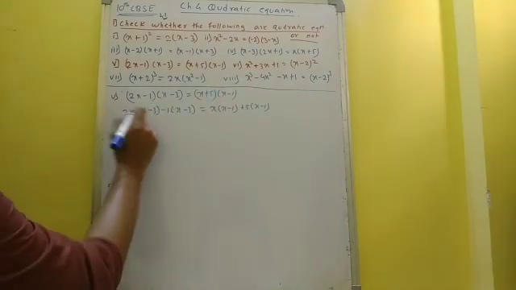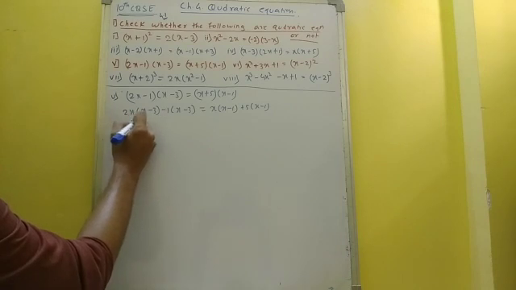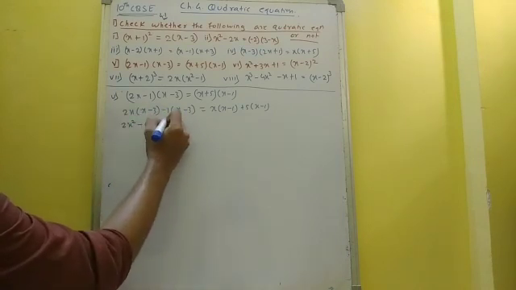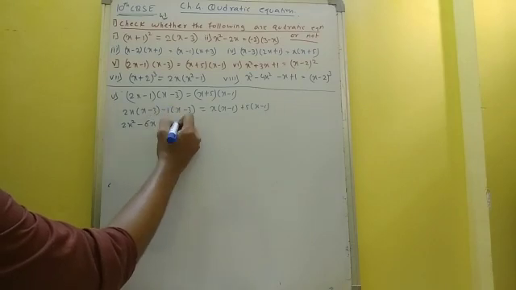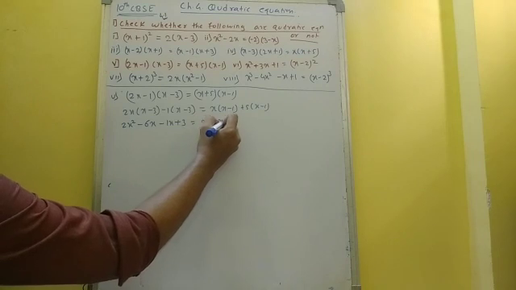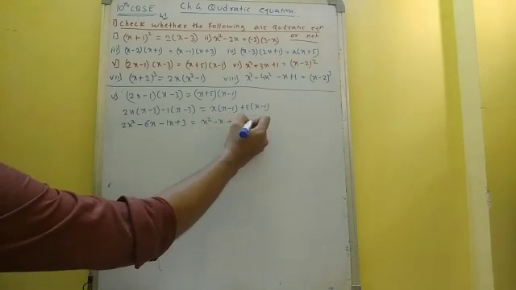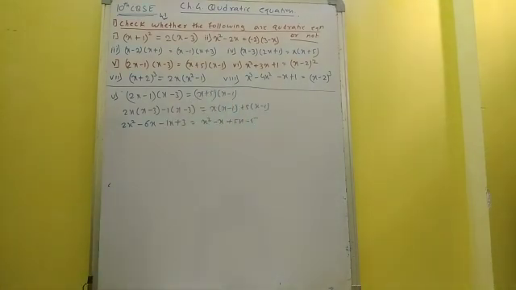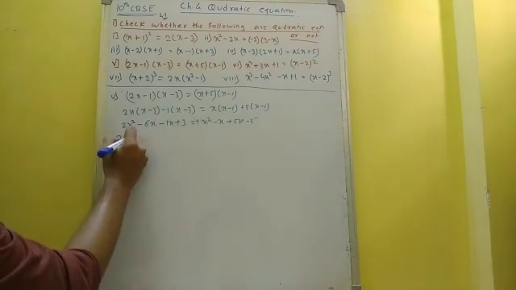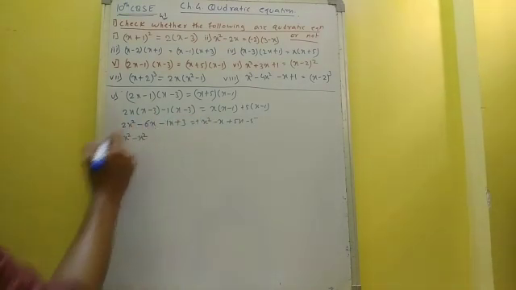Okay, so 2x into x is 2x square, 2 3s are 6x, minus 1 into x is minus 1x, minus 1 minus 3 is plus 3, x into x is x square minus x plus 5x minus 5. Okay, so plus x square will come this side, 2x square minus x square.